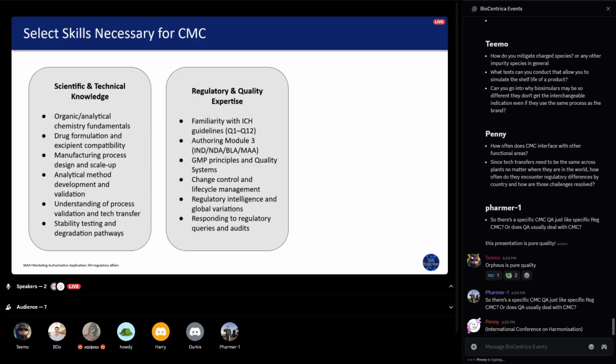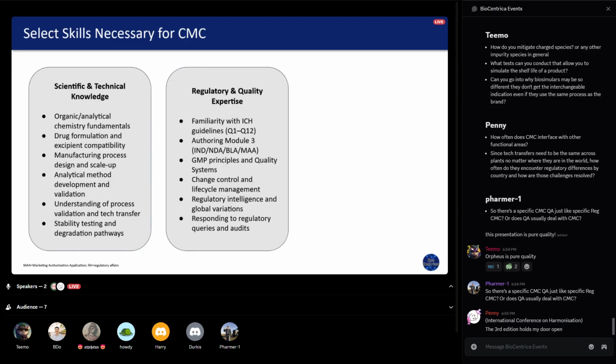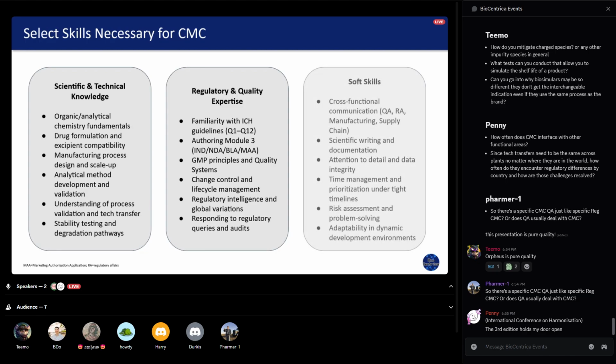And what if you have a device that pediatric patients can't use? It is up to CMC to create a new formulation, or it's up to CMC to create a new device, okay, for these pediatric patients. That is why CMC has to still be there for lifecycle management. Any regulatory intelligence, global variations, and of course, you'll still have your IRs. So any questions from regulatory agencies, you'll need to know how to answer.